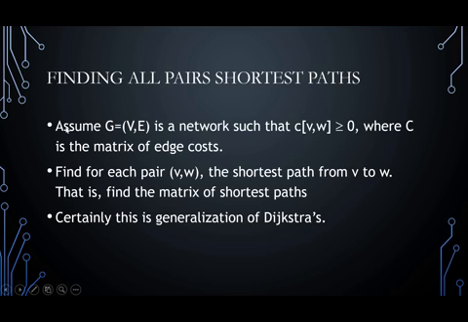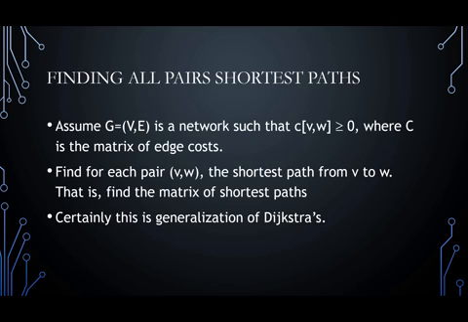That is what is written here. Just have a look. Assume G equals (V, E) is a network, a collection of nodes and edges, such that C(V, W) is greater than or equal to 0, where C is a matrix of edge costs, that is the cost adjacency matrix. Find for each pair V, W the shortest path from V to W, right?